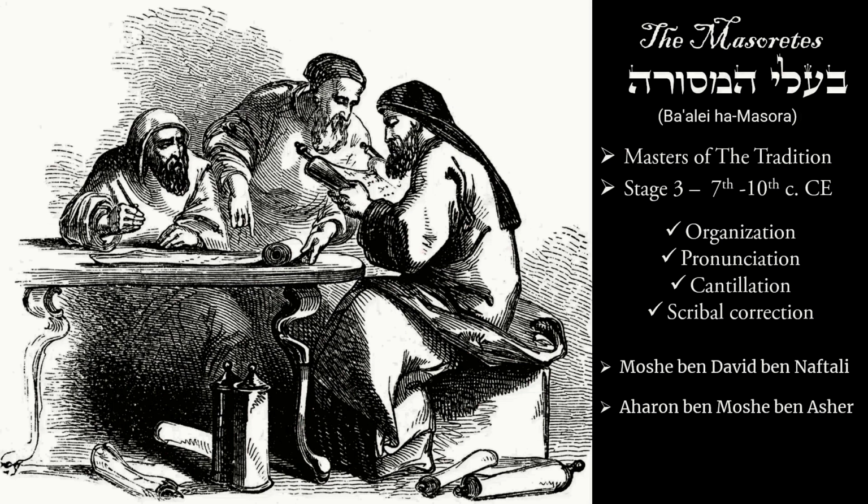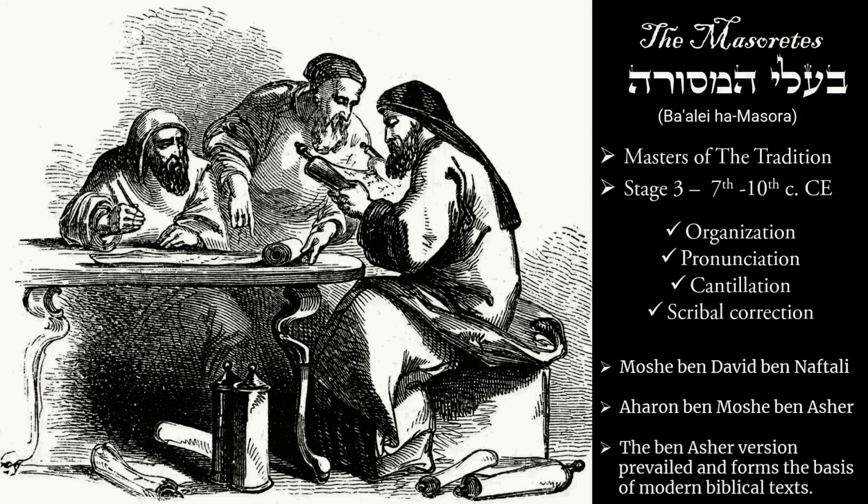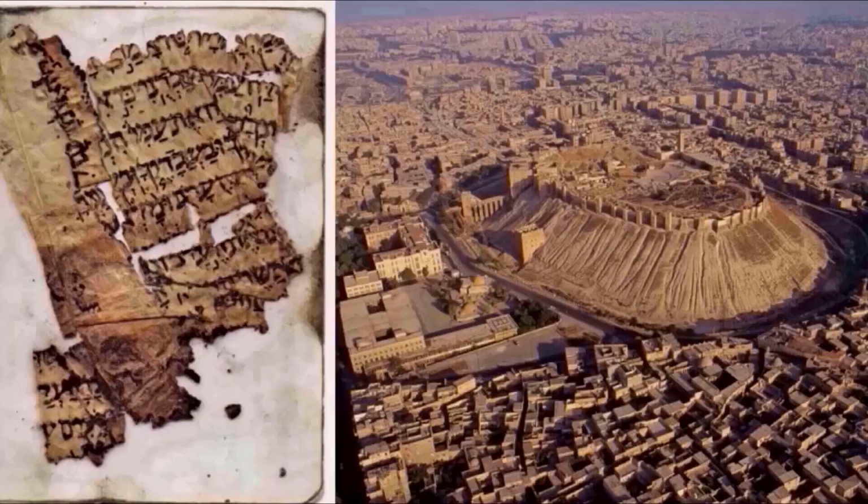They each created slightly different Masoretic texts, but the Ben Asher version prevailed and forms the basis of the modern biblical text today. The Aleppo Codex is dated by scholars to have been written about 929-930 AD, and this codex is the most complete copy of the Hebrew Old Testament in existence today.